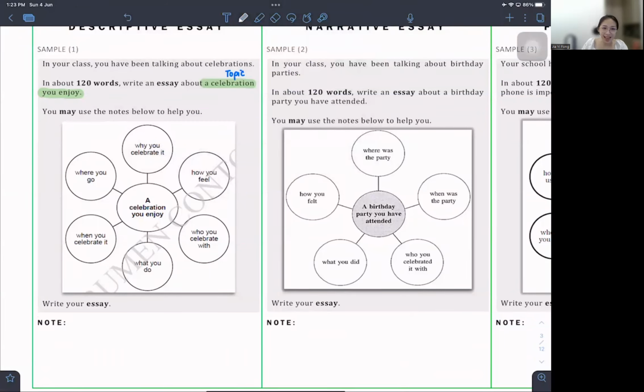Okay, very good. We have birthday. Very well. We have Chinese New Year. We have Christmas, Hari Raya, farewell party. Okay. But then if you look at the question, a celebration you enjoy, whoa.